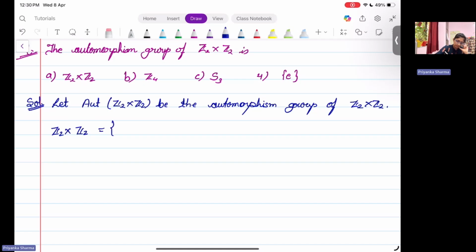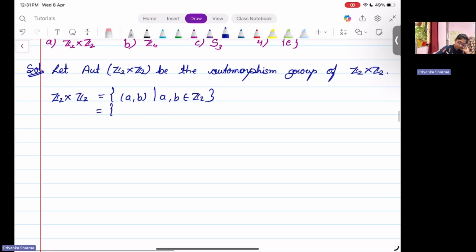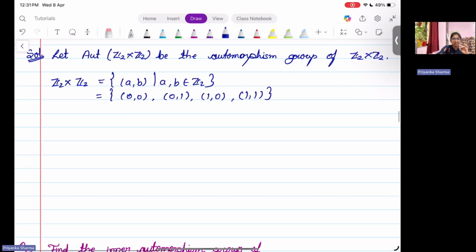This is A, comma B, where A and B belong to Z2. So if I write all the elements, it will be 0, 0, the identity element of the group, 0, 1, 1, 0, and 1, 1. These will be the four elements of the group.